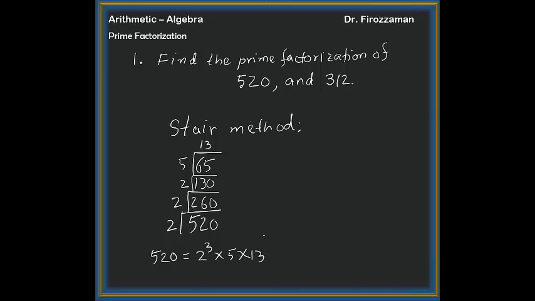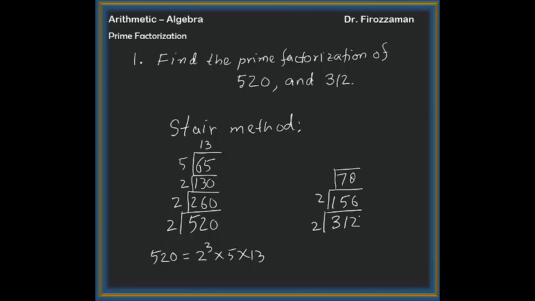Now we'll look at 312, the same way. 312 is also an even number. We divide it by 2, so you get 156. Divided by 2 again, 78. Is that right?